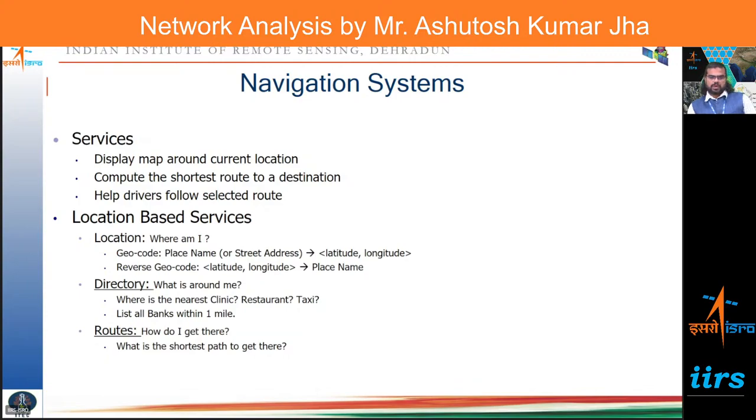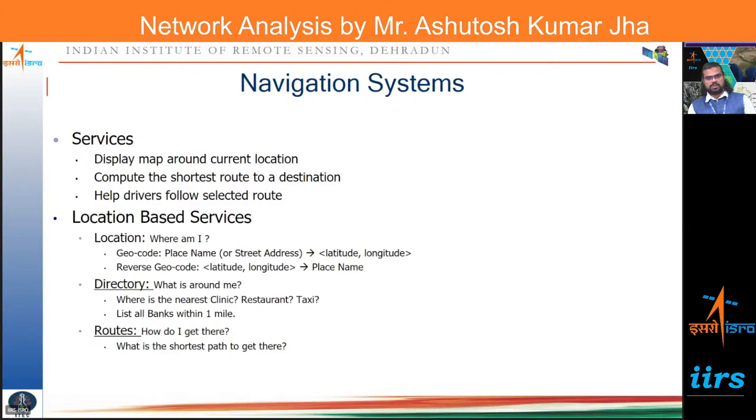Then another service under location-based services is directory search. In this case, we are mostly interested in finding the nearest services. For example, where is the nearest clinic, or where is the restaurant? Where can we find the nearest taxi? Sometimes we also provide a range, for example, finding a bank within a mile.